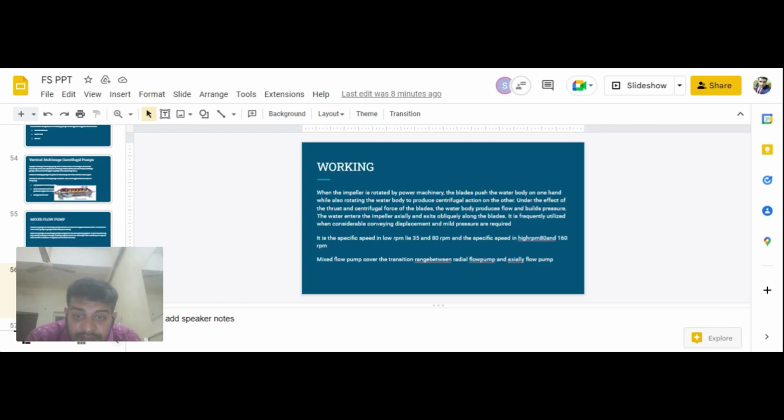It is frequently utilized when considerable conveying displacement and mild pressures are required. It has a specific speed in low RPM like 35 to 80 RPM and the specific speed in high RPM 80 to 160 RPM. Mixed flow pumps cover the transition range between radial flow pumps and axial flow pumps. Thank you.